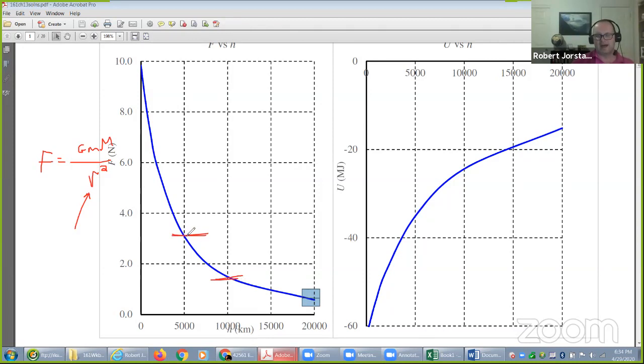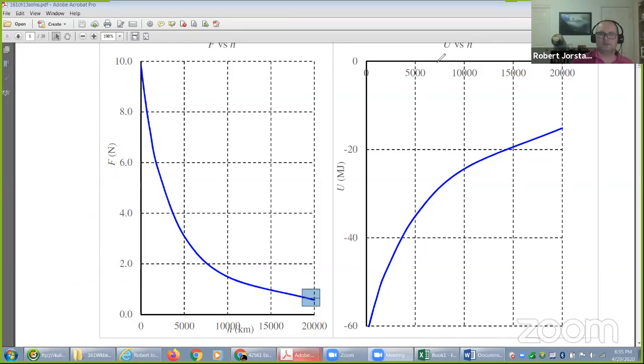If you double the altitude, remember the radius is so huge that it's not going to change by that much. So if you double this number only, you have not doubled the radius. We have no reason to expect the force to cut in half or fourth or whatever. It's going to change by some weird factor. So watch out for that. All right, I just got myself. That's always fun. All right, now I want to show you something here at the risk of boring you.